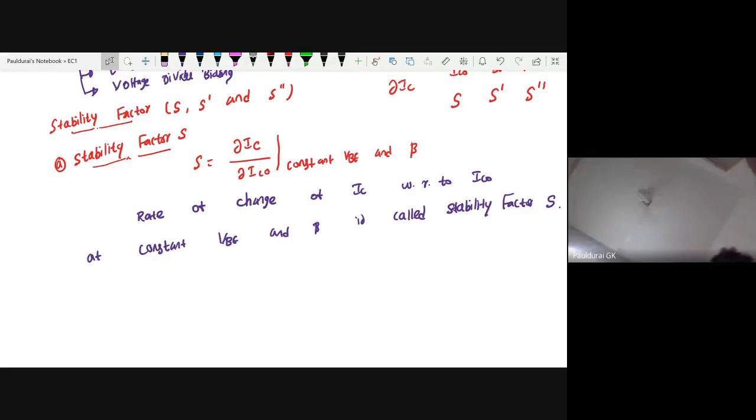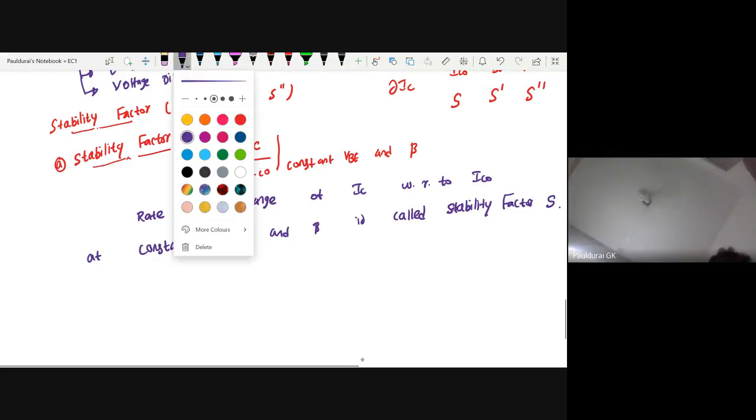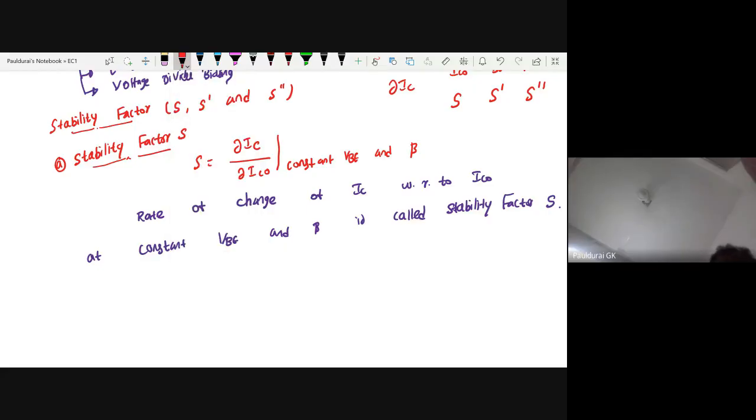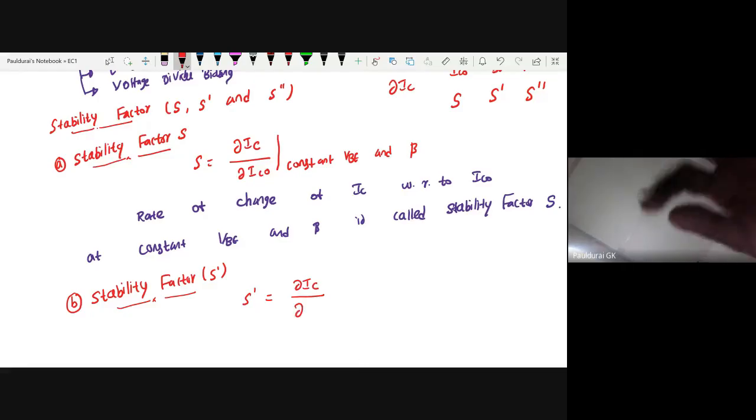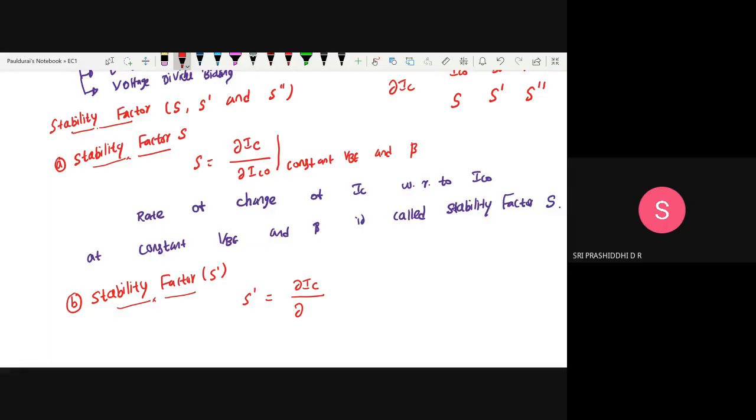So what is stability factor S dash? Anyone? Any idea? Can you define stability factor S dash? Again the change in collector current, but this time with respect to what? VBE, sir.